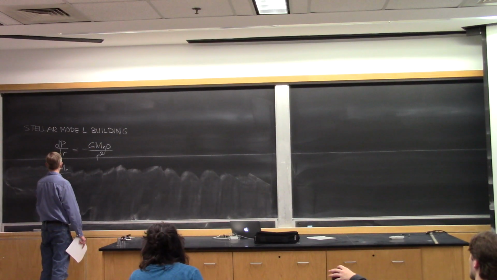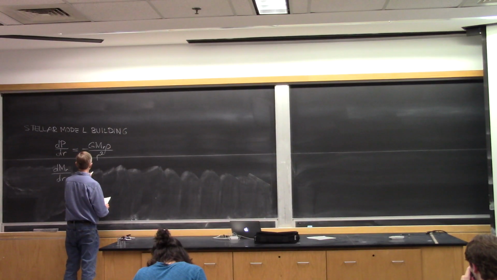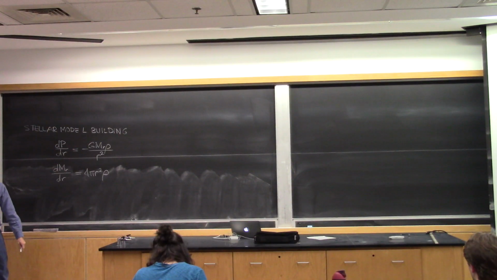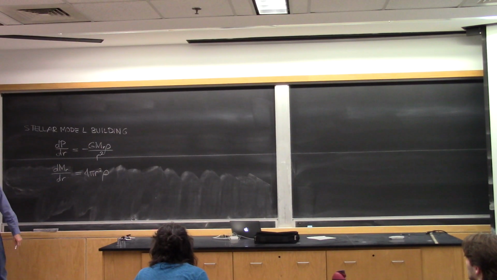Okay, I'll put you on the spot here. I'll write down dm_r/dr is 4 pi r squared rho. This is the equation of mass continuity, yeah, mass continuity.